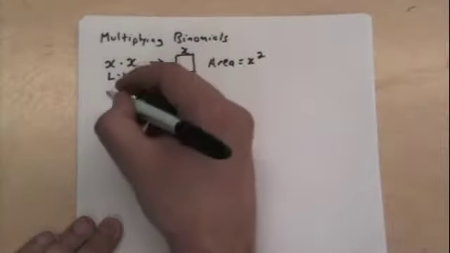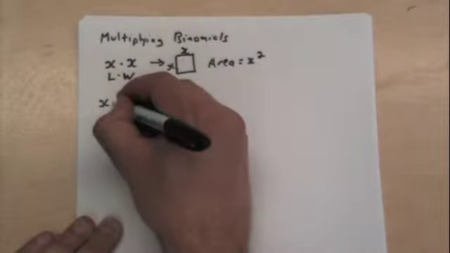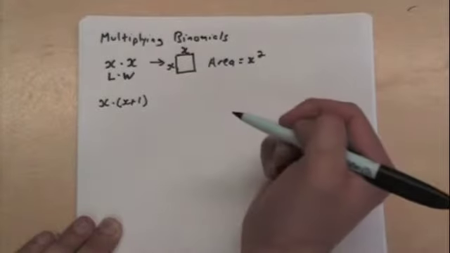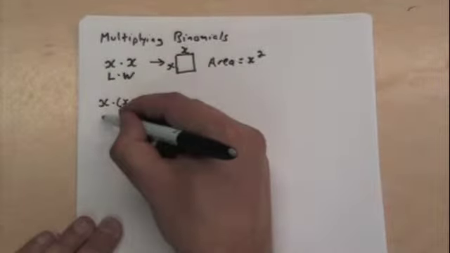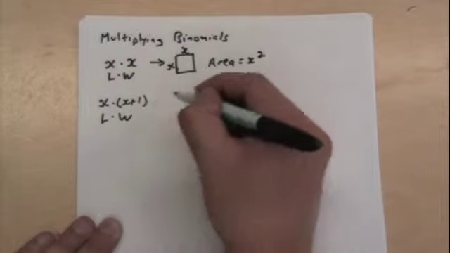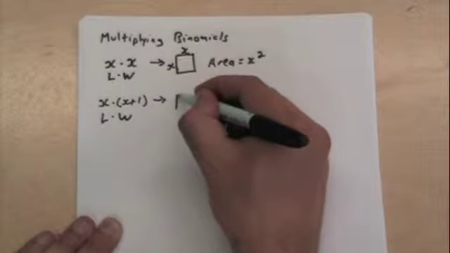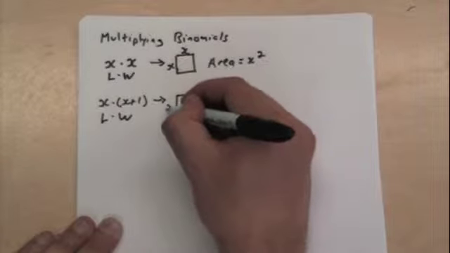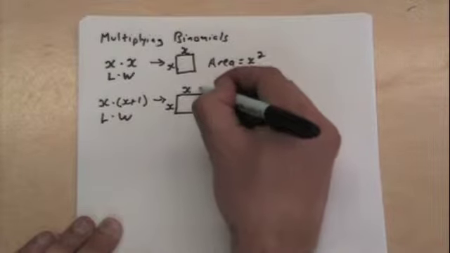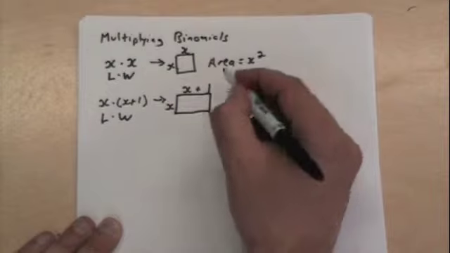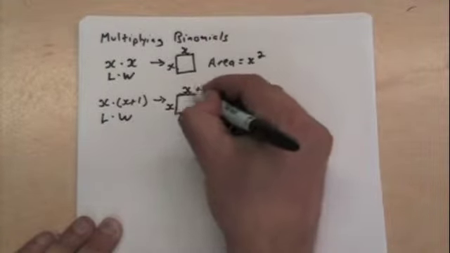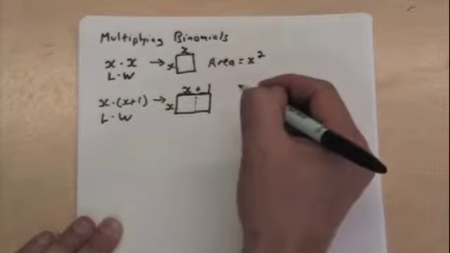We can get a tiny bit harder and talk about x times x plus 1. Again, we can think of that as length times width, and we could draw it as a rectangle. The length is x, the width is x plus 1, which we could split up and say this part here is x, and this part here is 1.